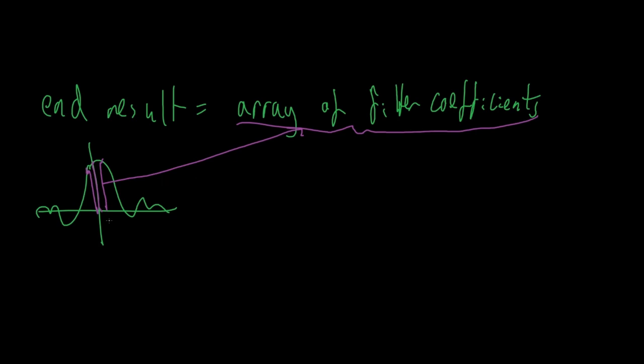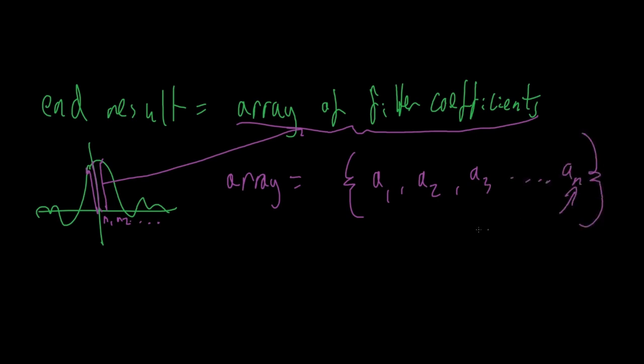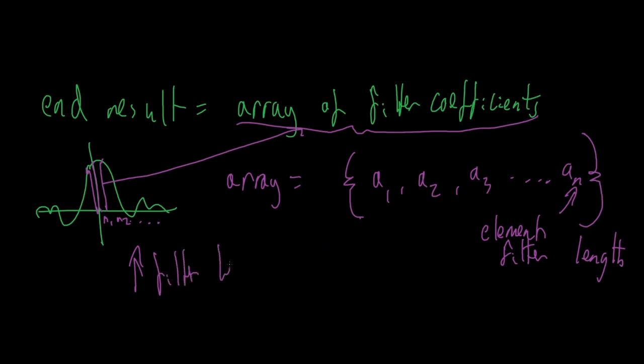I've called these n1, n2, etc. However, most textbooks will call them a1, a2, a3, all the way to an, where n is the filter length. So the last element is the element at filter length. A larger filter length equals a longer array. And that's it.